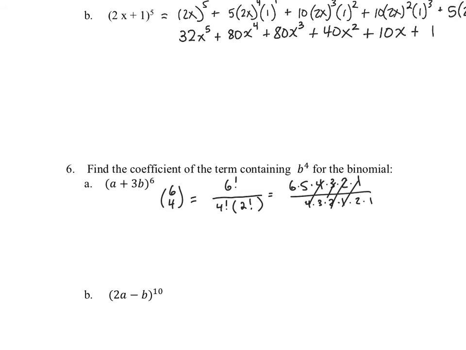4 cancels there. So we have 6 times 5 divided by 2, which is 15. So the coefficient is 15, but then we need to multiply that by a raised to a certain power and 3b, and that's going to be raised to the fourth power, which means a is going to be squared.